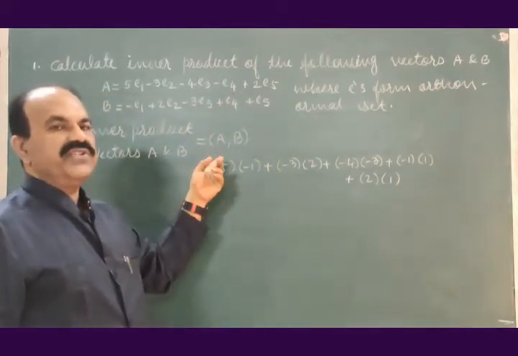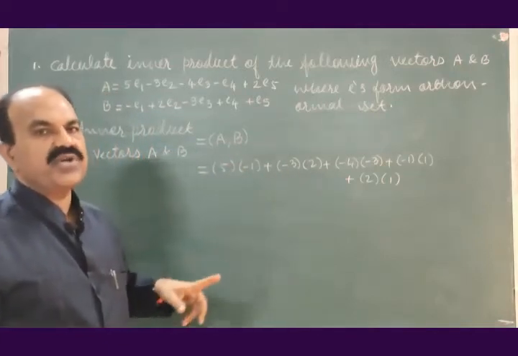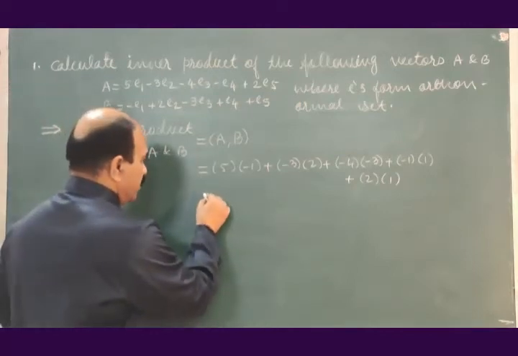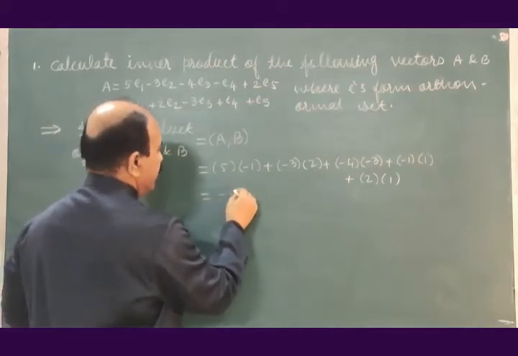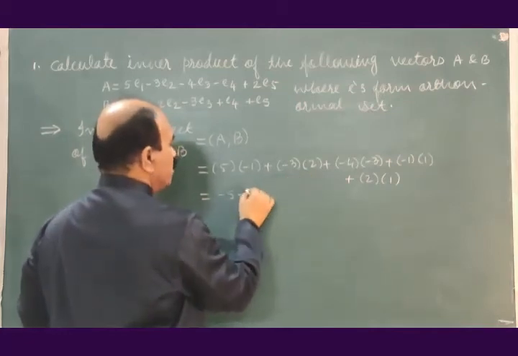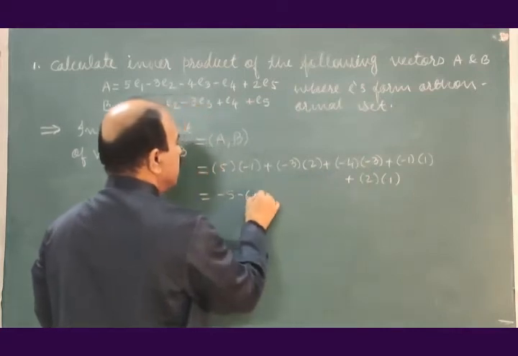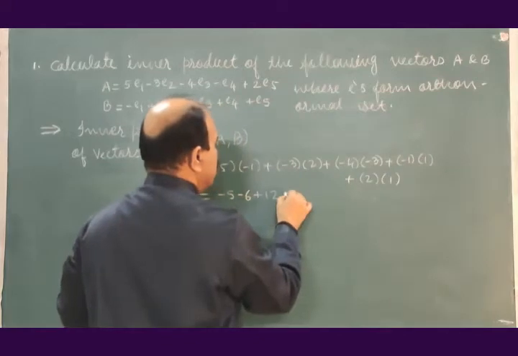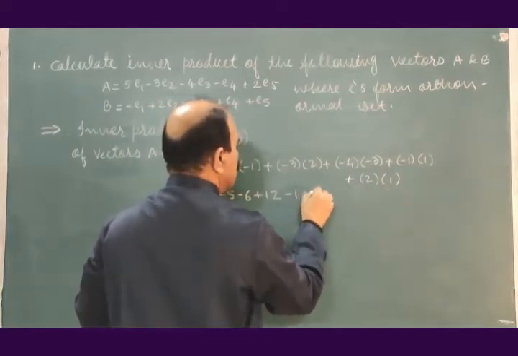Inner product of vectors A and B is sum of product of corresponding components of vectors A and B, and this is equal to 5 into minus 1 is minus 5, minus 3 into 2 is minus 6, minus 4 into minus 3 is plus 12, minus 1 into plus 1 is minus 1, 2 into 1 is 2.